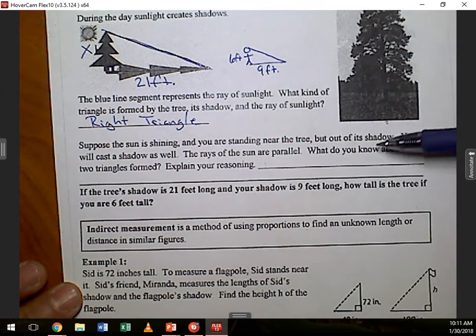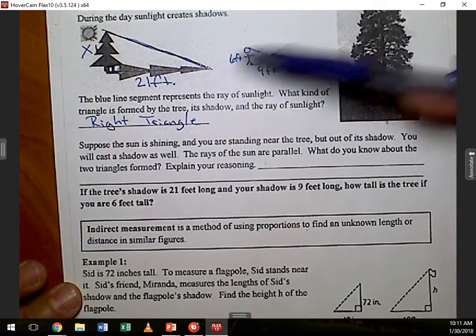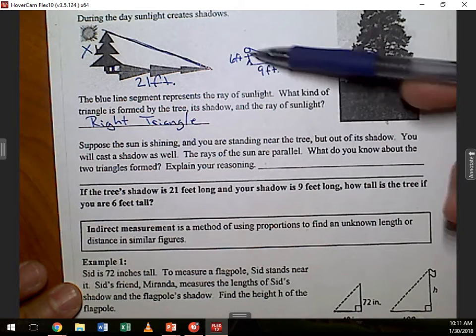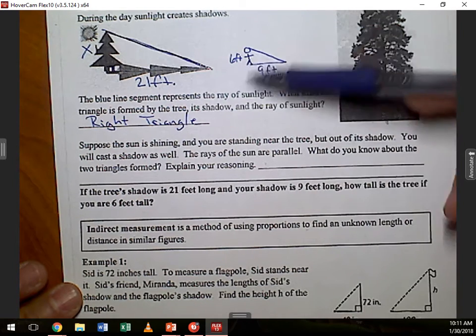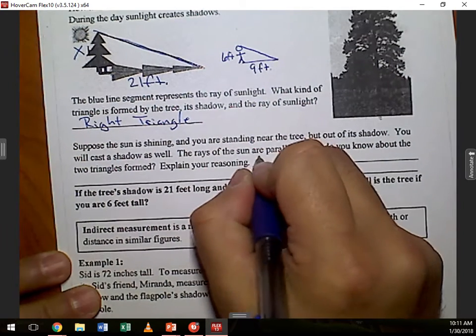What do you know about the two triangles formed? Because these are parallel, these two are going to be similar to each other. So they're going to be similar right triangles.